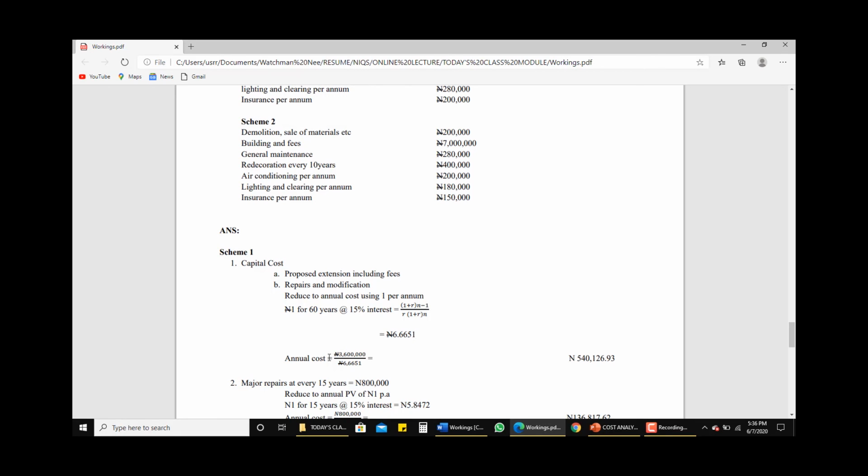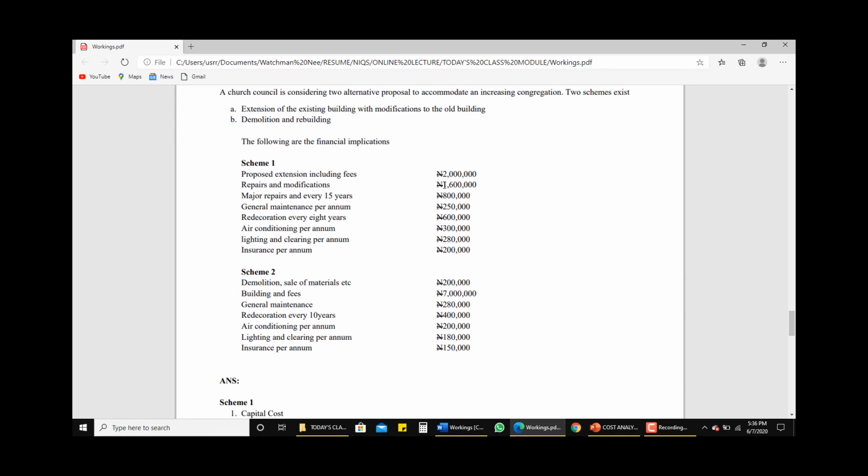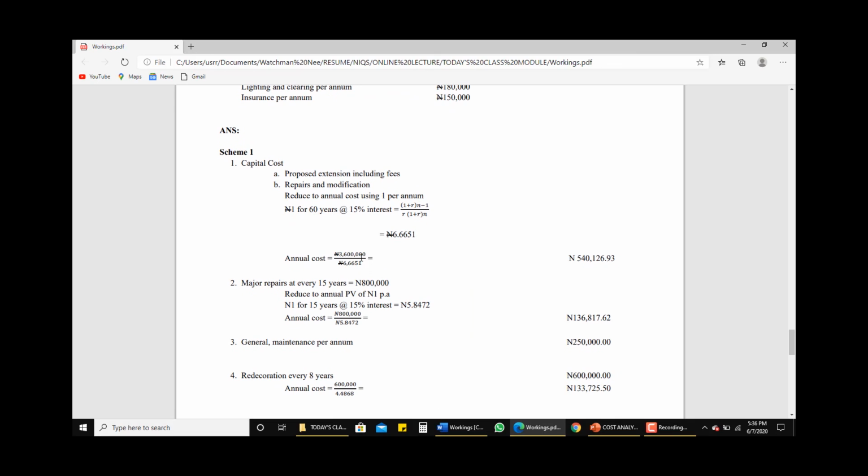As a result, your annual cost will be the total of the proposed extension including fees and the repair and modification, the total of the two of them, which is 3.6 million naira, as we have here. The total of 2 million plus 1.6 million gives us 3,600,000.